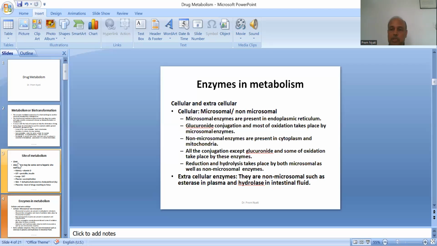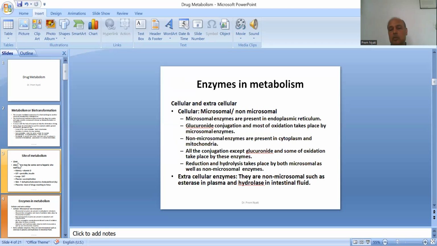Non-microsomal enzymes are present in the cytoplasm and mitochondria. All the conjugation except glucuronide and some of the oxidation take place by these enzymes. Reduction and hydrolysis take place by both microsomal as well as non-microsomal enzymes.